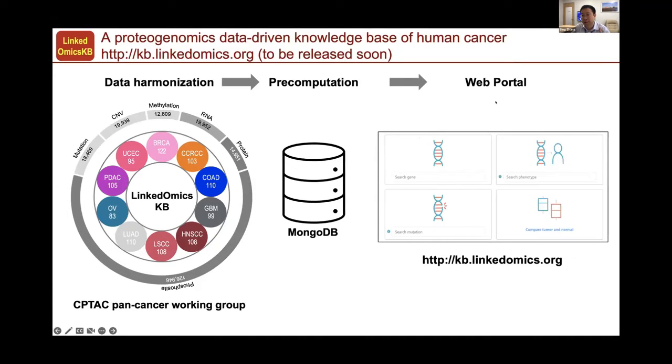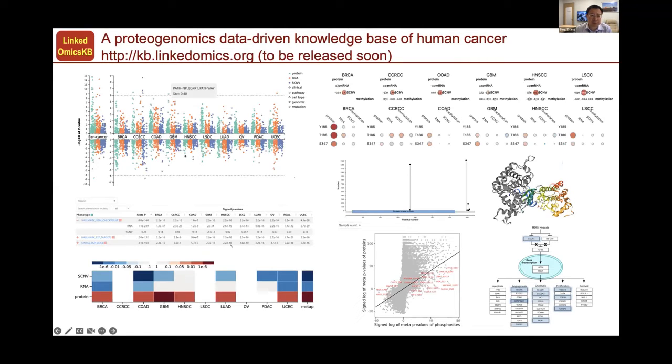And then we provide a very easy-to-use web portal. Users can just type in a gene name or phenotype name or mutation, and then get all the pan-cancer multi-omics information for whatever they are interested in. These are just some of the visualizations provided in the web portal, which is to be released very soon, hopefully by the end of this year.